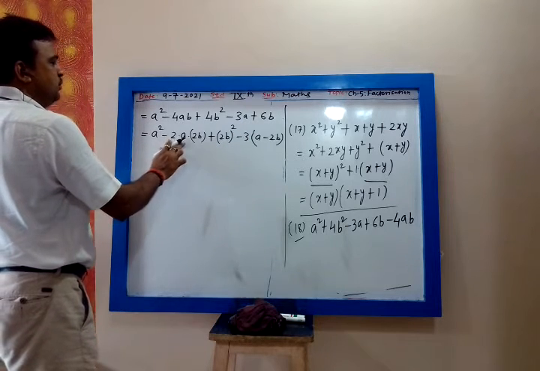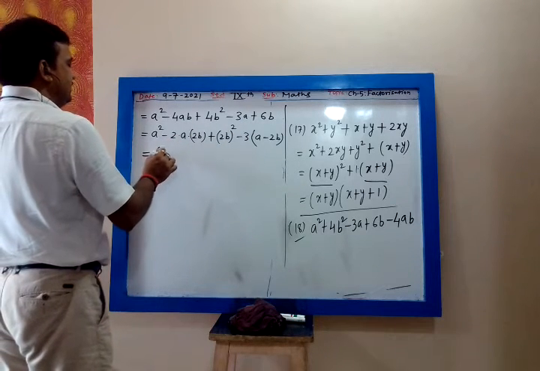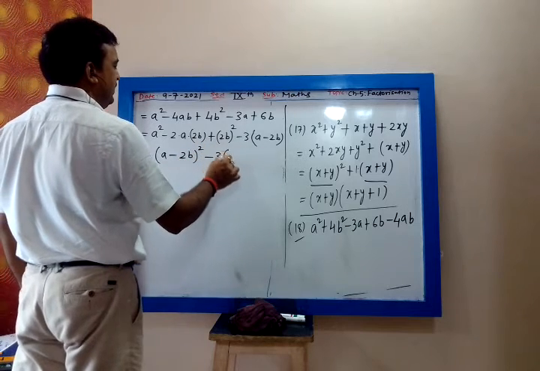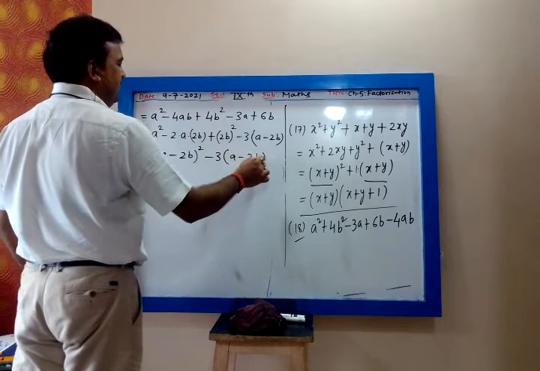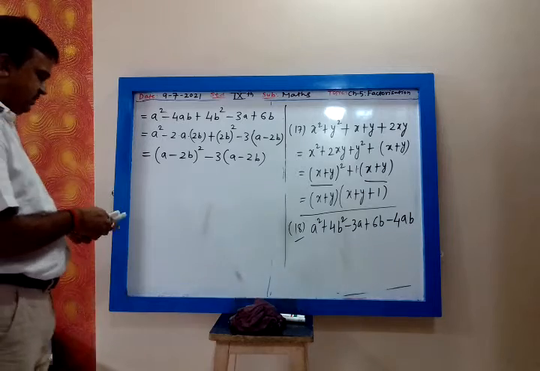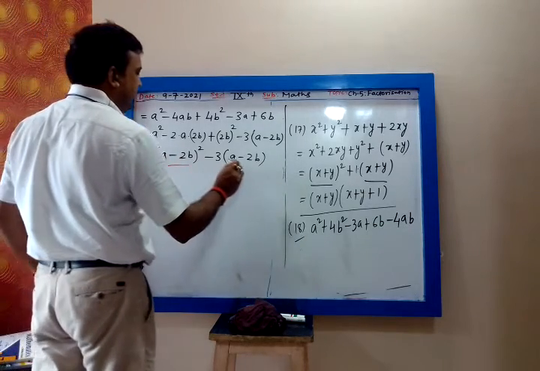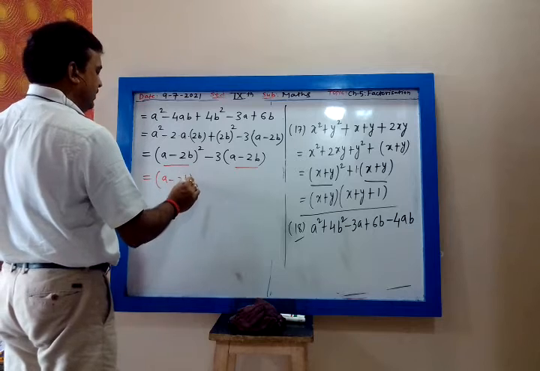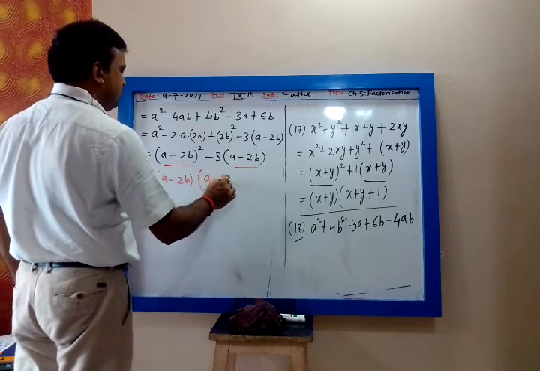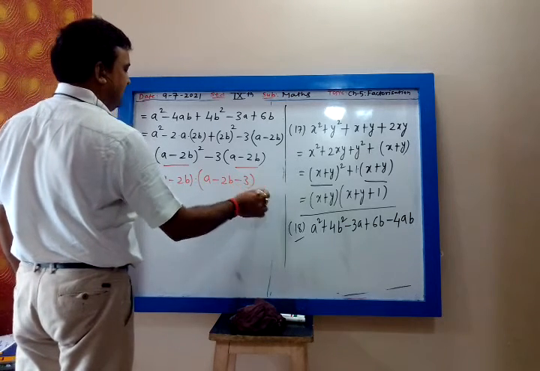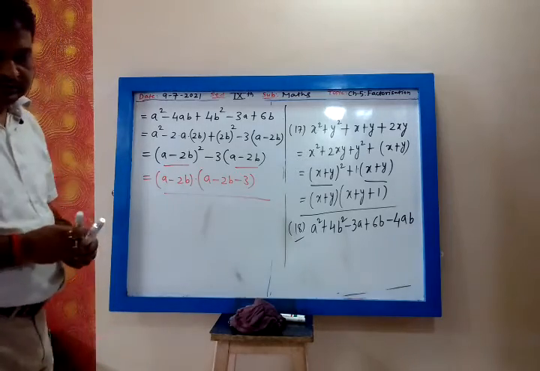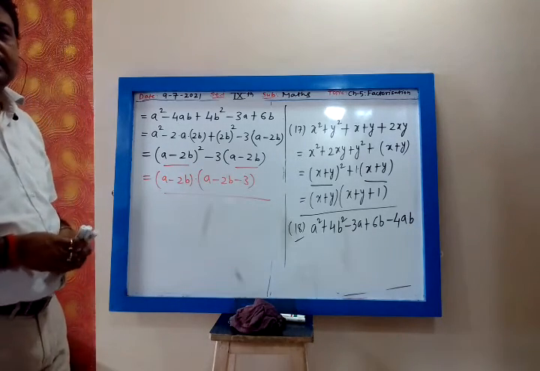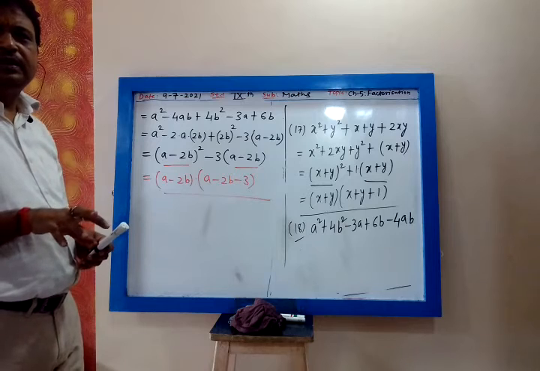So a square minus 2ab plus b square is a minus b whole square, so a minus 2b whole square, minus 3 into a minus 2b. a minus 2b is common. So it is a minus 2b into a minus 2b minus 3. Okay, and this is the answer. So in the grouping method, we rearrange the terms, then we take the common term and simplify.